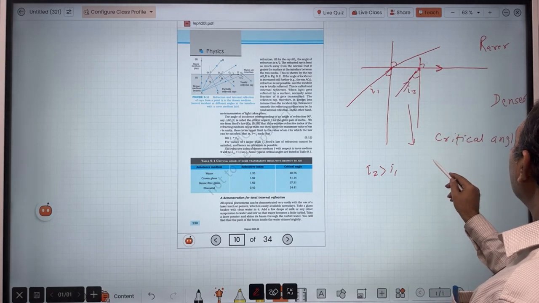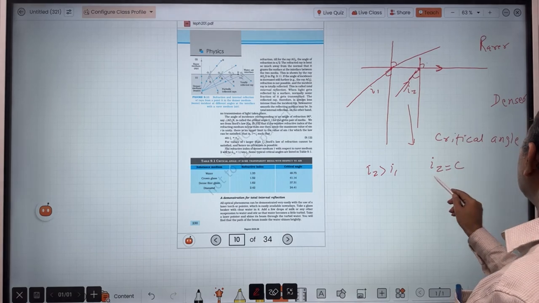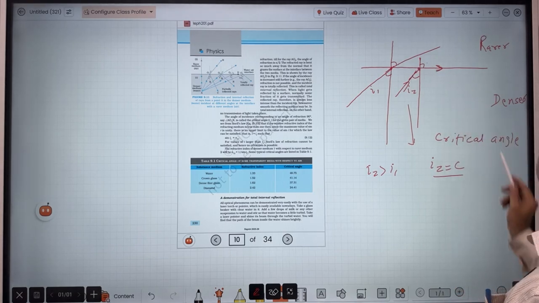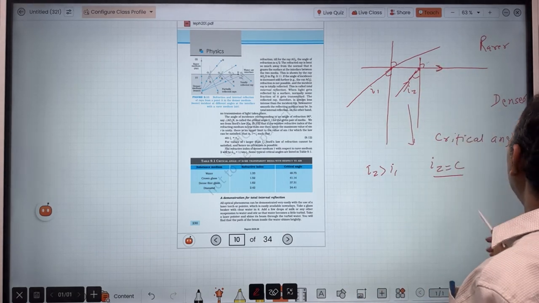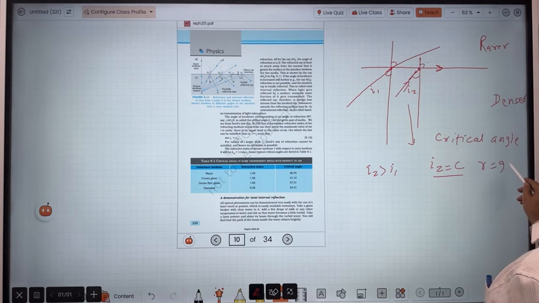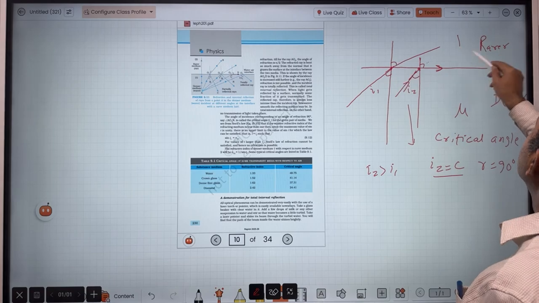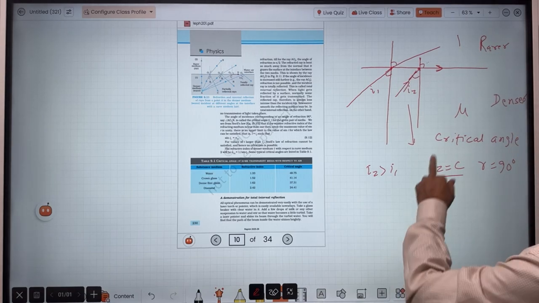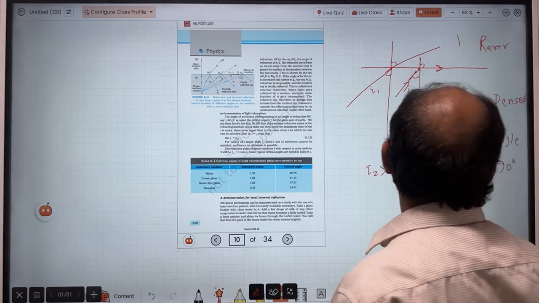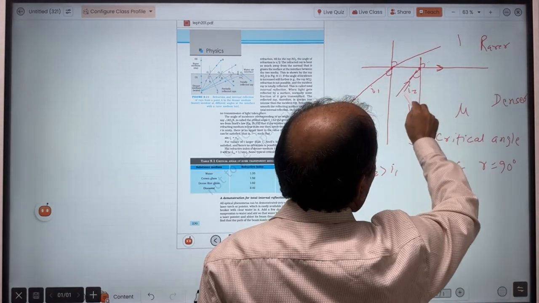If we write I2 as C, and this is I2, and this is R, angle R becomes 90 degrees, and suppose the refractive index of this medium is mu, and this is air whose refractive index is 1. So what relation do we get?